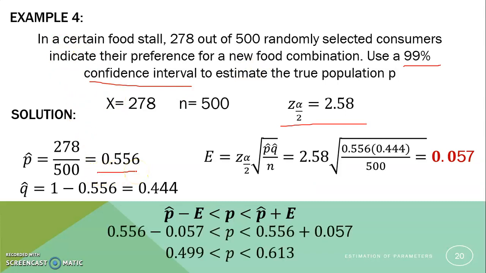So, we have the results. It's between 49.9% to 61.3%. So, this is the percentage of people who like the food combination offered by the certain food stall. So, it's in the middle.